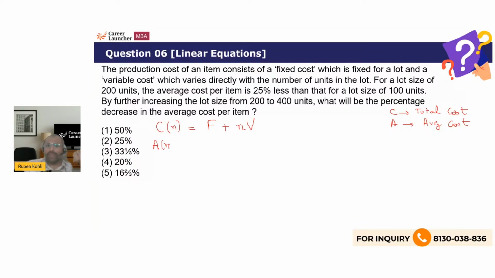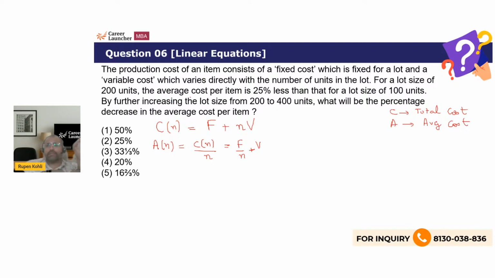So A of n, the average cost per item, A of n, is nothing but the total cost C of n divided by n. So this equation we need to divide by n. So that becomes f by n plus v. So my function for the average cost is this. Average cost for n number of items is the fixed cost divided by n plus v.